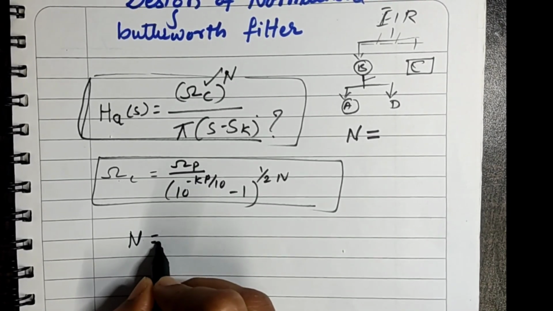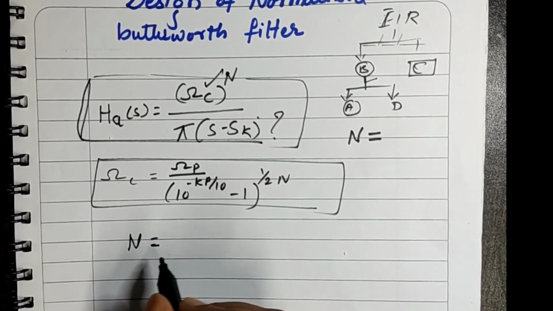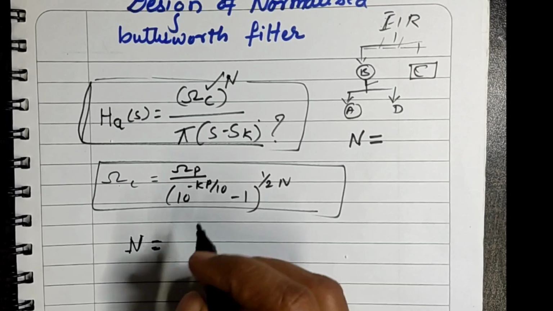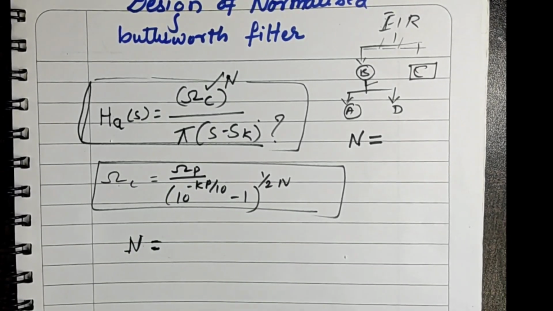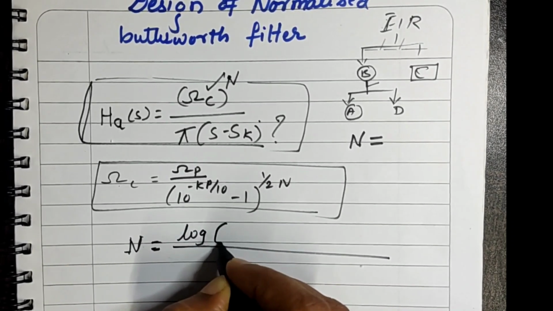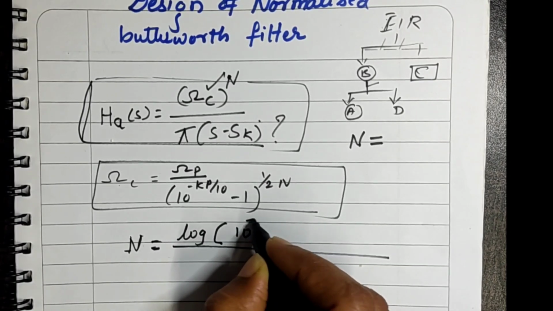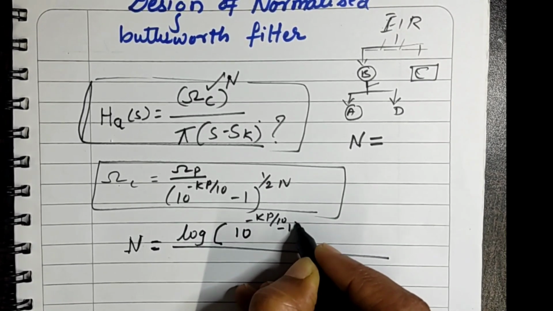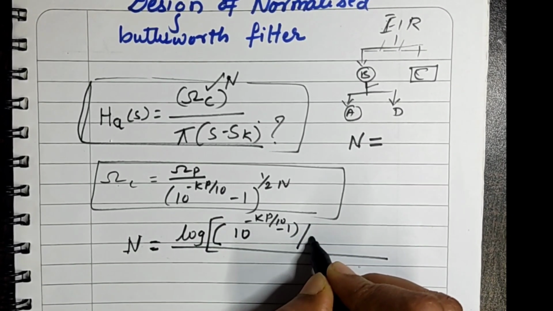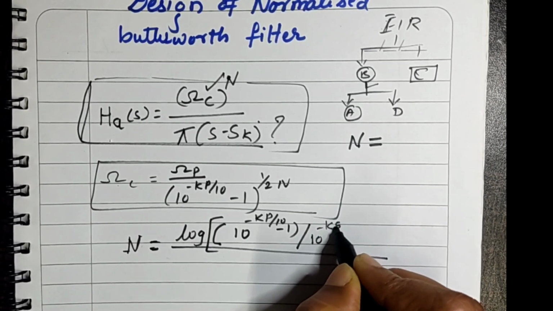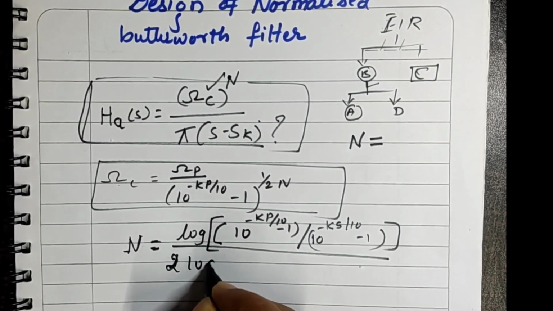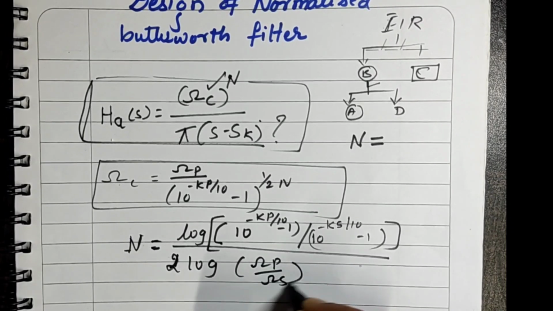We have derived this equation in the previous video, so today we will see how to use that formula. n is equal to the ratio of log of ((10 to the power of minus Kp by 10, minus 1) divided by (10 to the power of minus Ks by 10, minus 1)) to log of Ωp by Ωs.